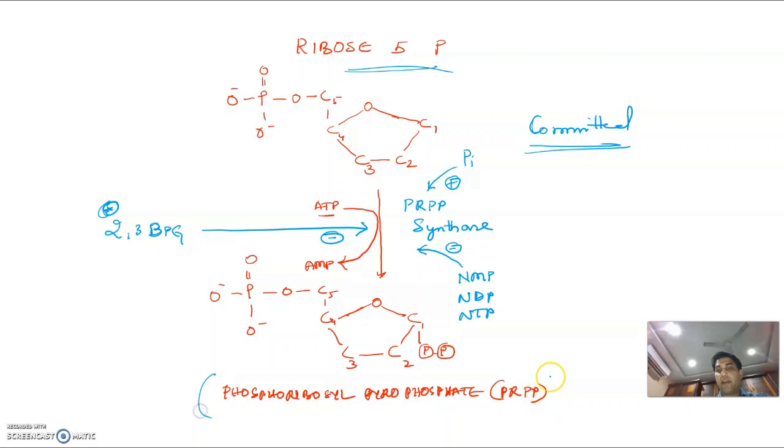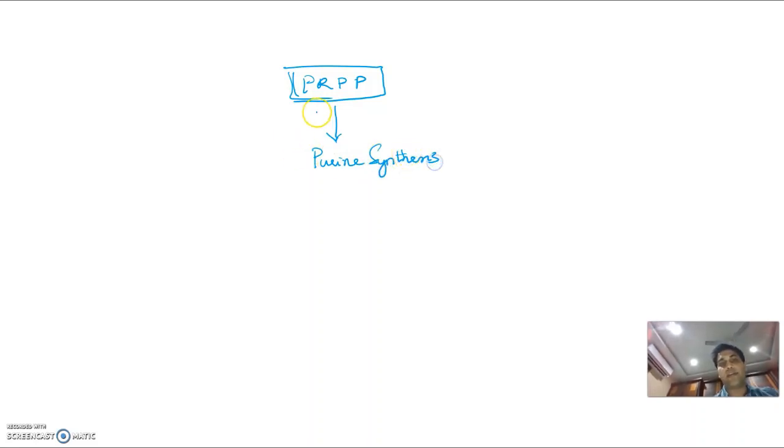this PRPP, like our glucose 6-phosphate, has many roles. What can happen to this PRPP, phosphoribosyl pyrophosphate? It can go into purine synthesis. It can also go into pyrimidine synthesis.